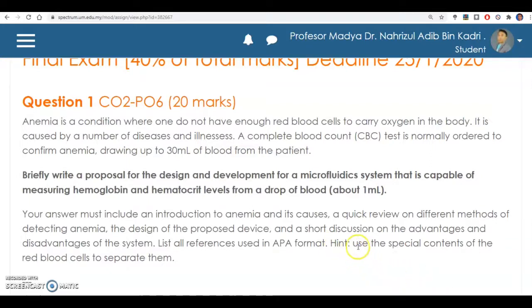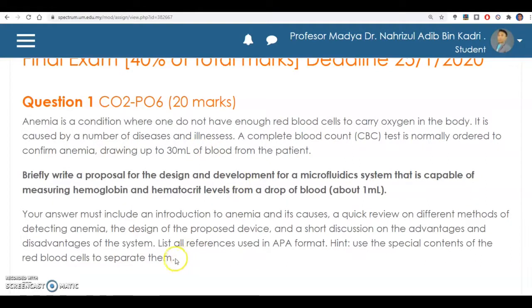Okay, the hint is special contents of the red blood cells. So go back to your biology notes or anatomy notes and see what red blood cells contain. Red blood cells are important for oxygen transport, if you remember, and oxygen is carried by hemoglobins, and hemoglobins are made up mostly of iron atoms, remember.